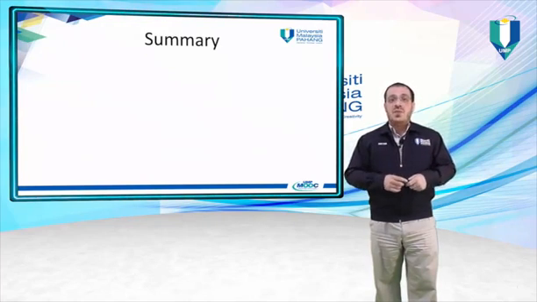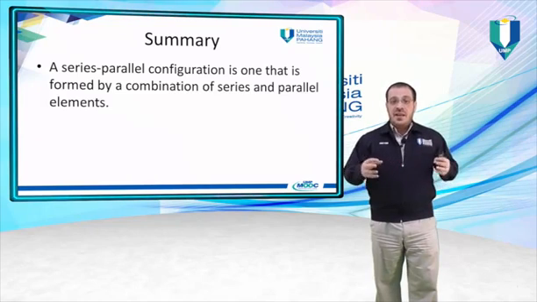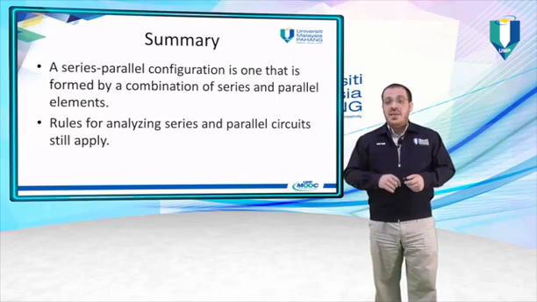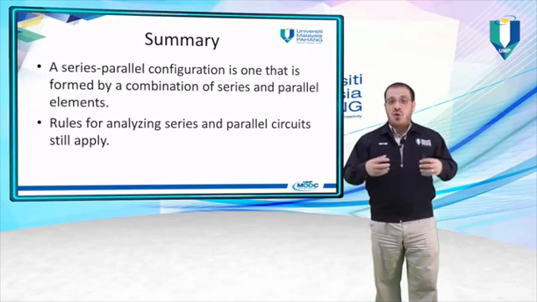So let's summarize what we studied in this part of the module. First, we defined what series-parallel is. A series-parallel configuration is one formed by a combination of series and parallel elements. If we have a series and parallel combination of resistors in DC, this is a series-parallel network. One important thing to keep in mind through this module is that the rules of analyzing series and parallel circuits still apply, so combining will not change anything.